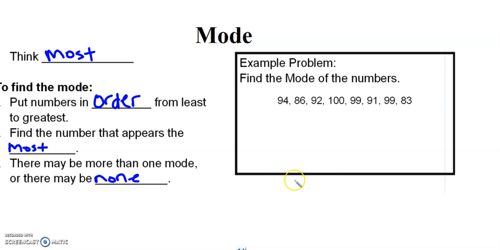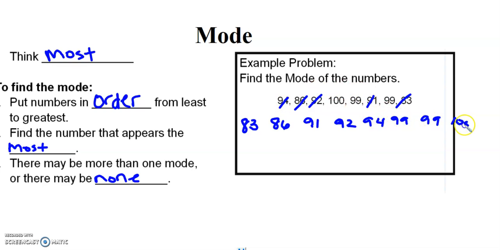So once we have them in order, well, we need to put them in order first. Let's do that. It's going to be the same thing as before: 83, 86, 91, 92, 94, 99, 99, and 100. Okay, so they're in order.